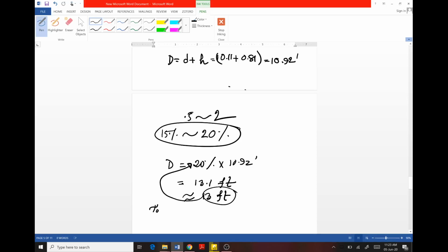Now this is the total embedment length of the cantilever sheet pile. If the total length of the sheet pile is asked in the question, then the total length will be 3 plus 10 plus 13 feet, which leads to 26 feet. So this is the problem of determining the length of a cantilever sheet pile.